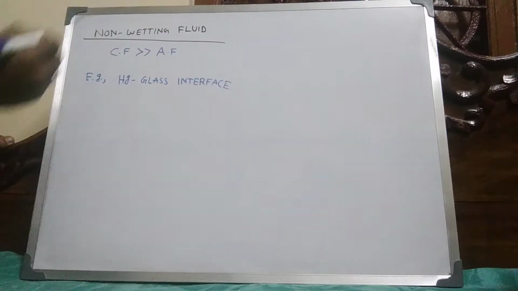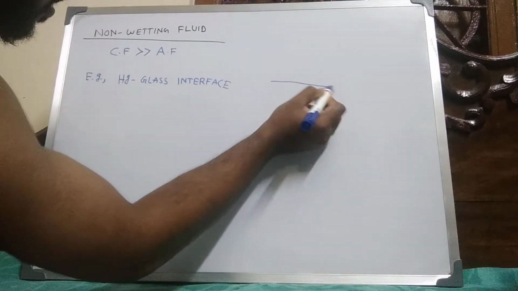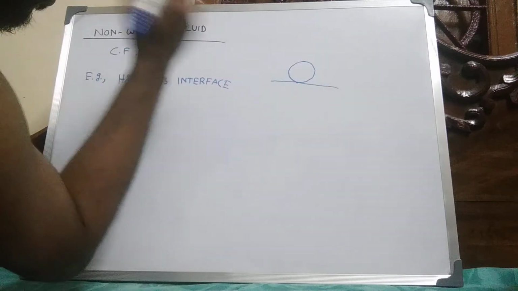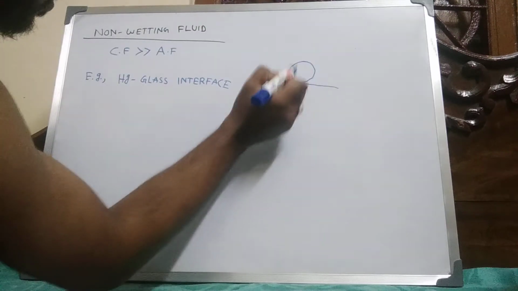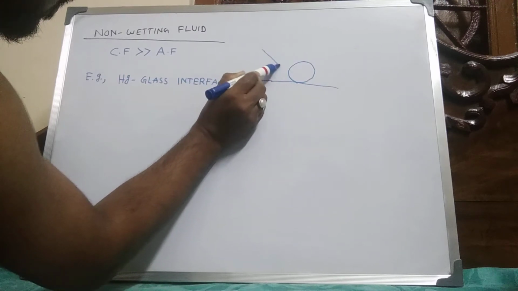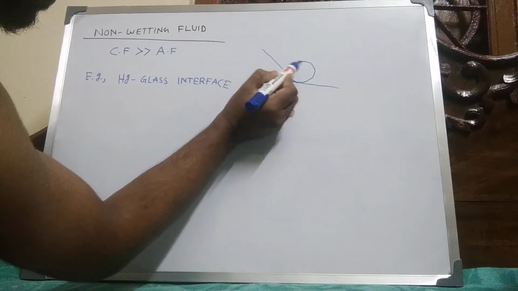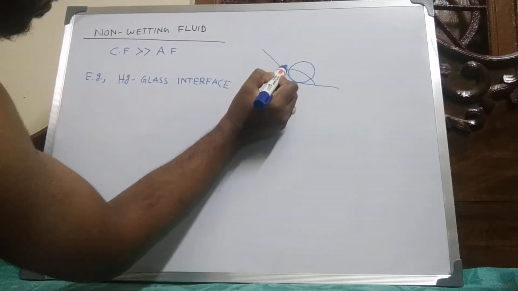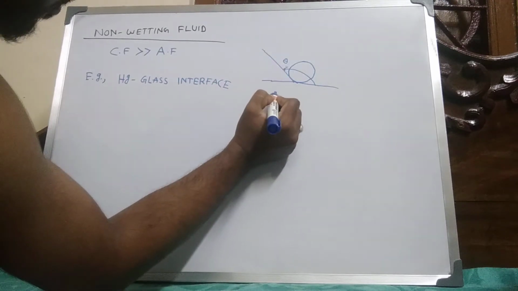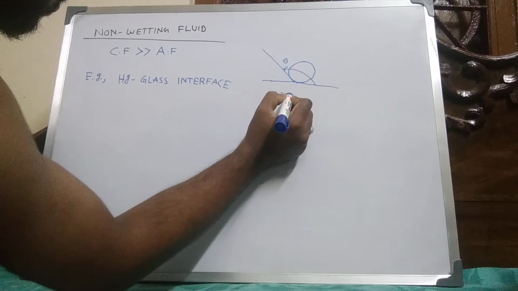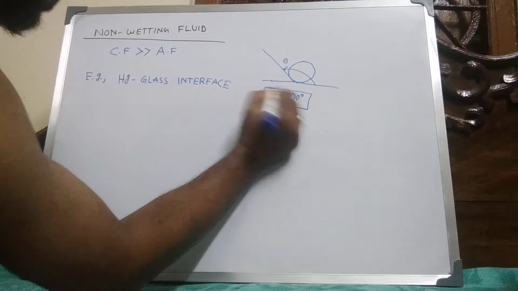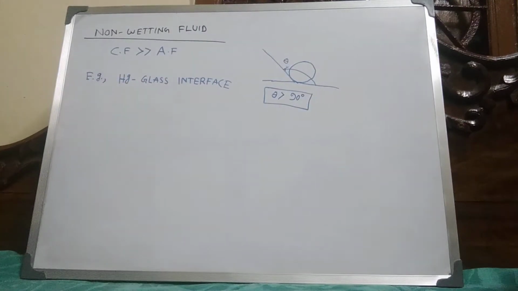Suppose this is the surface, and you can see when mercury is on the floor, the shape is this, and draw a tangent, and this angle is the angle of contact. So the angle of contact for a non-wetting fluid is greater than 90 degrees. Understand?